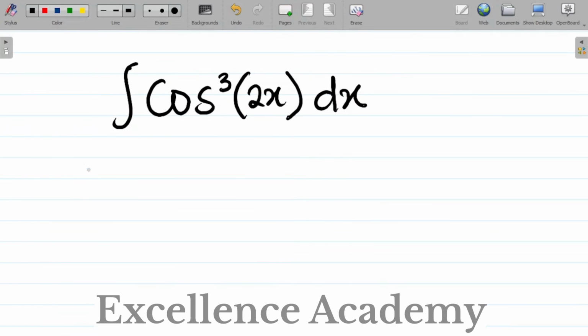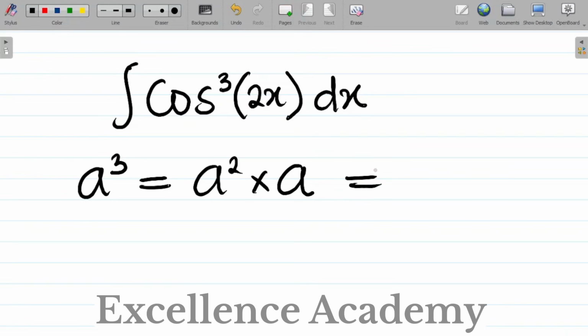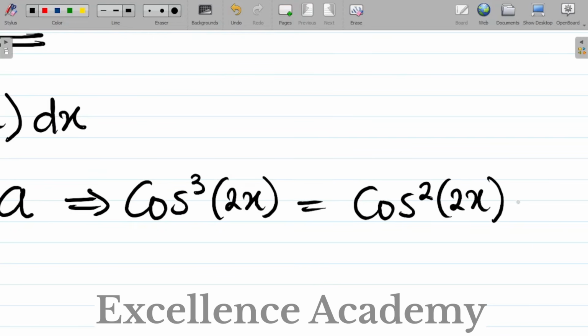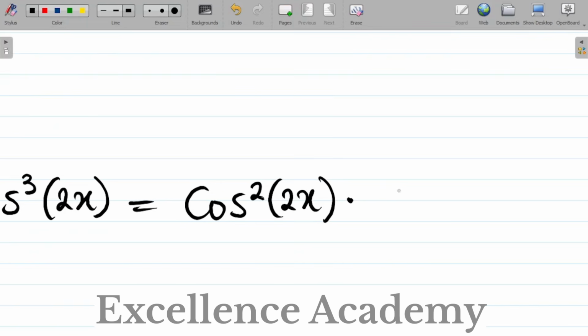The first thing you want to note is that if I say a cube, for instance, a cube can be written as a squared times a. In the same way, cos cube 2x can be given by cos squared 2x multiplied by cos 2x.